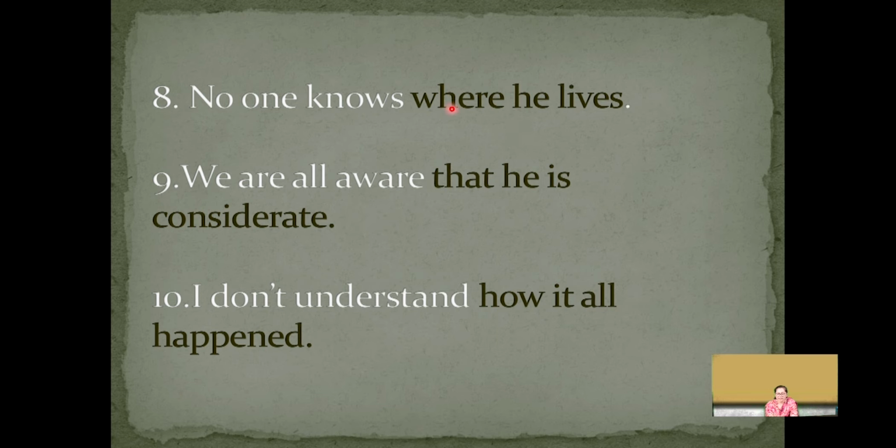We are expanding upon the residence. The word is residence, right? So no one knows his residence or address, right? Those are the nouns that can be used in place of where he lives. Therefore, this part is a noun clause.